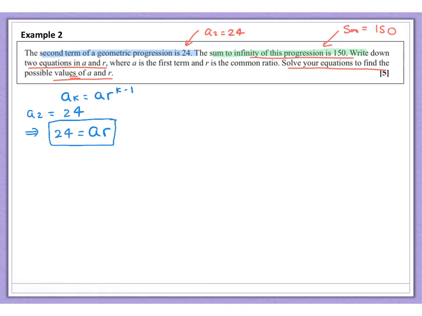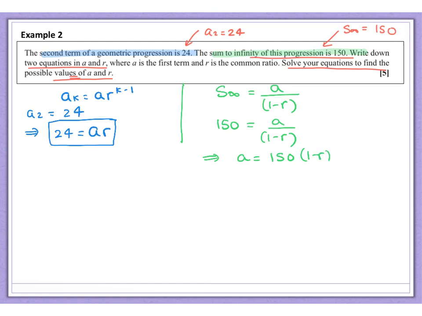Now, what about this information about the sum to infinity? Sum to infinity for a convergent geometric series is a over 1 minus r. So 150 equals a over 1 minus r, and I'll rearrange this to tell me that a equals 150 times (1 minus r). And we have a pair of simultaneous equations.